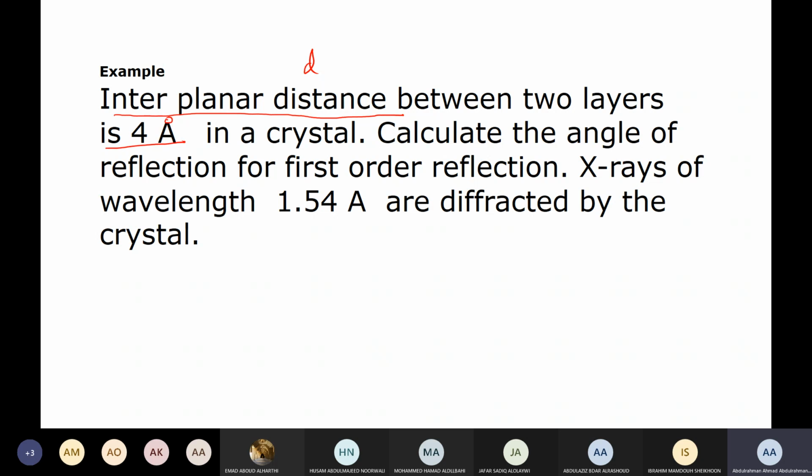Calculate the angle of reflection for first order. What does that mean? n equals 1. If the X-ray has a wavelength of 1.54 angstrom, this is lambda. So what's the law that you're going to use?